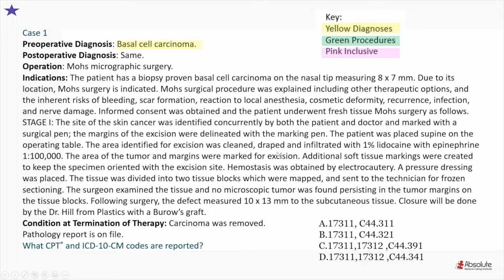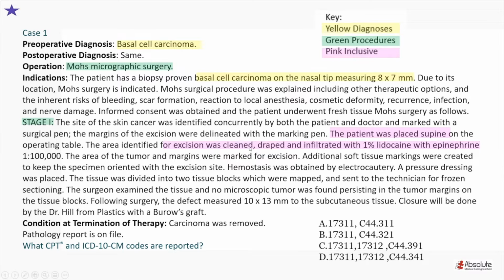First of all, here are my keywords. You see yellow. I said yellow are your diagnoses. Basal cell carcinoma. The postoperative diagnosis is the same. The procedure, Mohs micrographic surgery. Basal cell carcinoma of the nasal tip measuring 8 by 7 millimeters. Stage 1, patient placed supine.